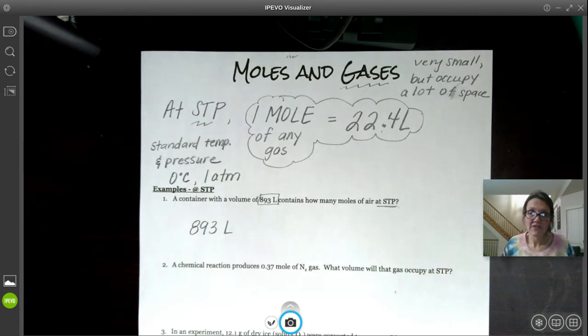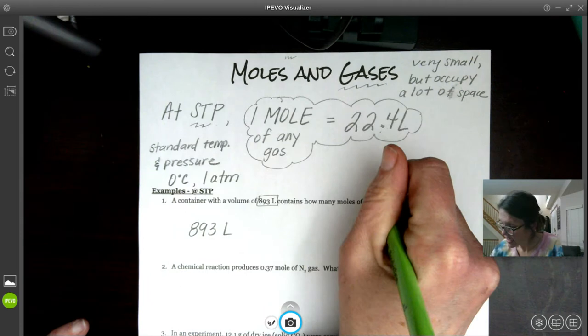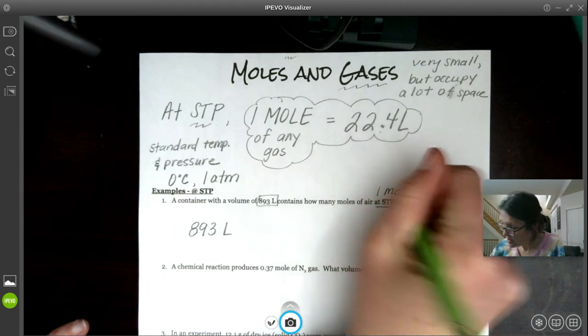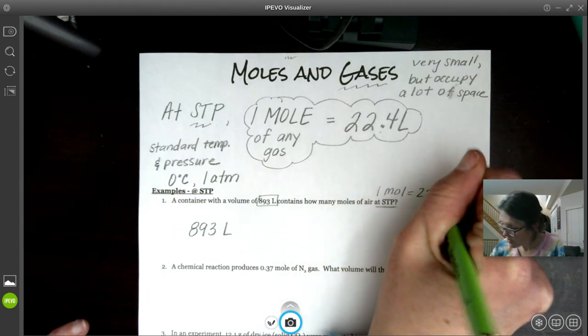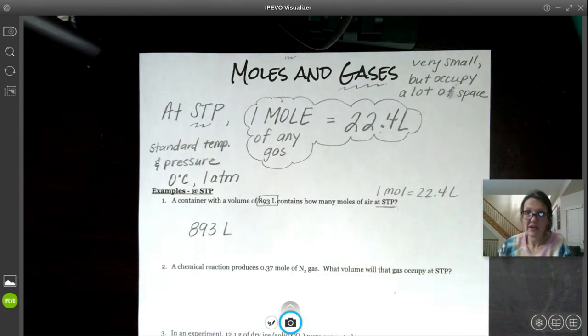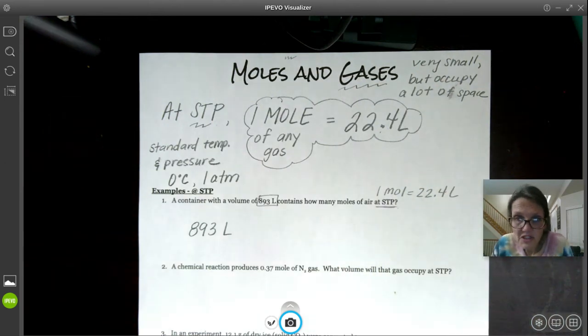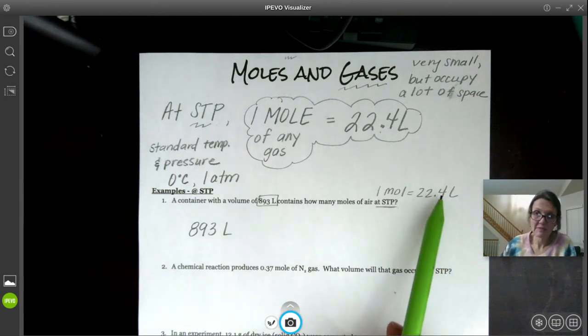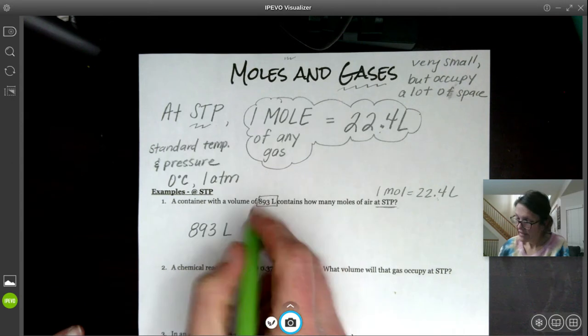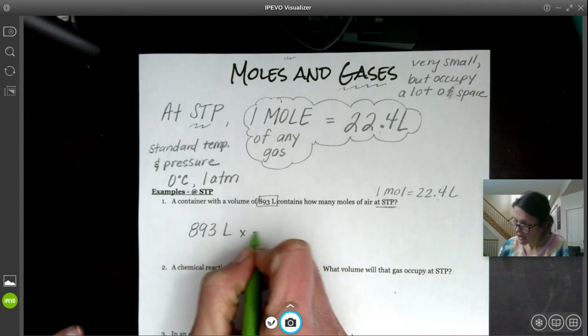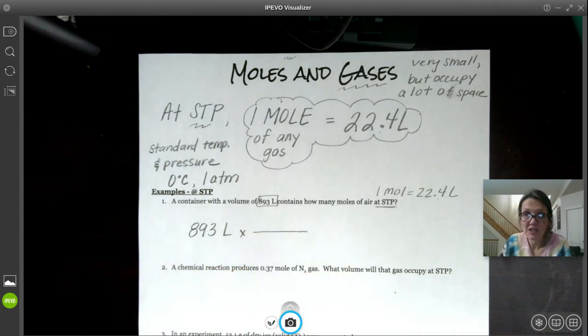Now, in order to convert liters to moles, we have to use our conversion fact that 1 mole is equal to 22.4 liters. That's the conversion fact we're going to use. Notice that there's no mention of mass or grams here, so we're not dealing with those in this problem. It's just going to be this particular conversion fact. And like we have done all along, we're going to take our given and we're going to multiply it by a fraction, right?